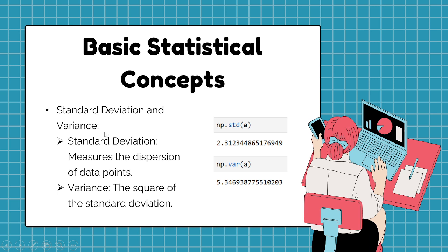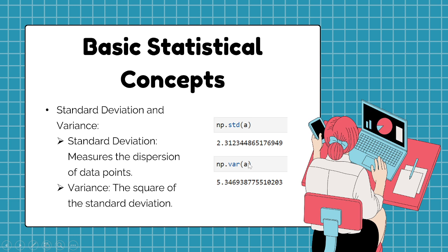Right. Okay. In terms of measures of variability, we have two measures: standard deviation and variance. To compute, we can use np.std in brackets followed by the variable name, and for the variance, you can compute based on np.var in brackets followed by the name of the variable.